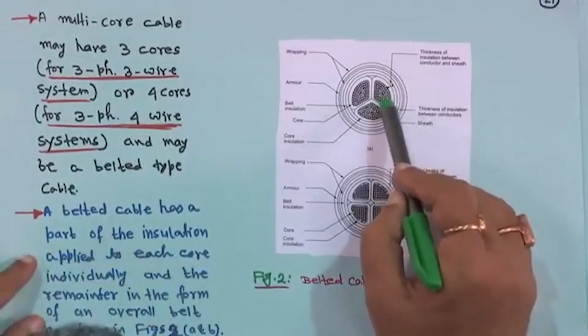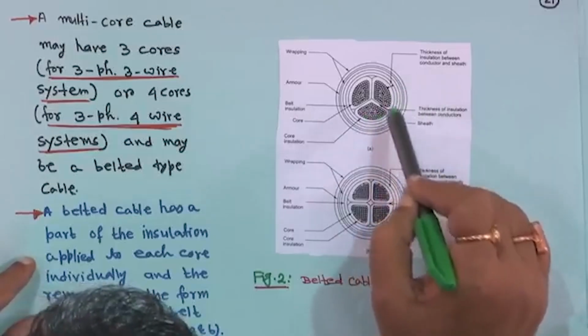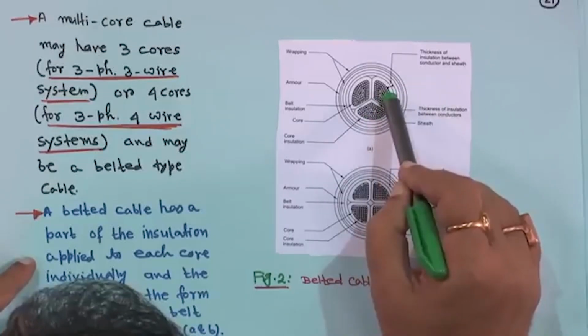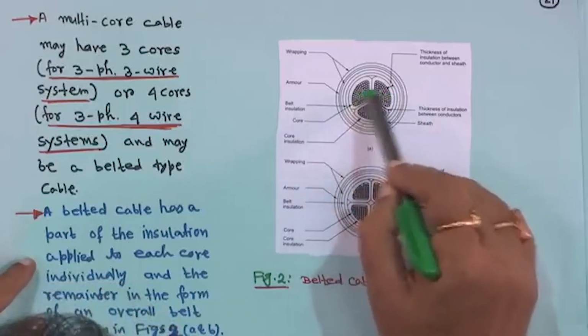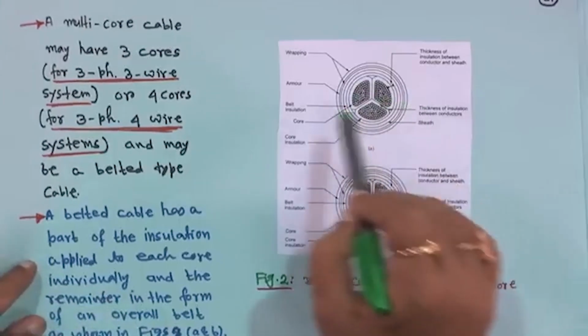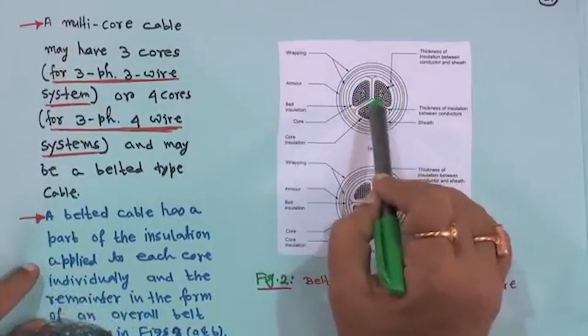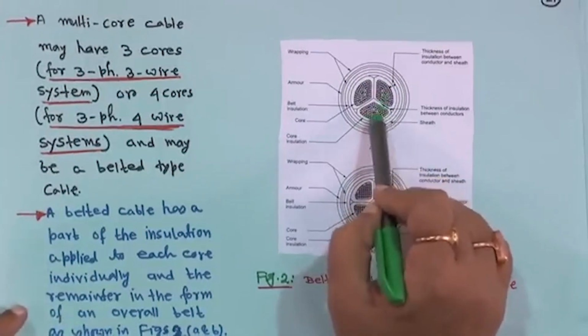Here, so many things are there. If you look into this, this is the core, the conductor, inside that the insulation is there, and then the belt insulation is also there around all these cores, along with the individual insulation between the cores.